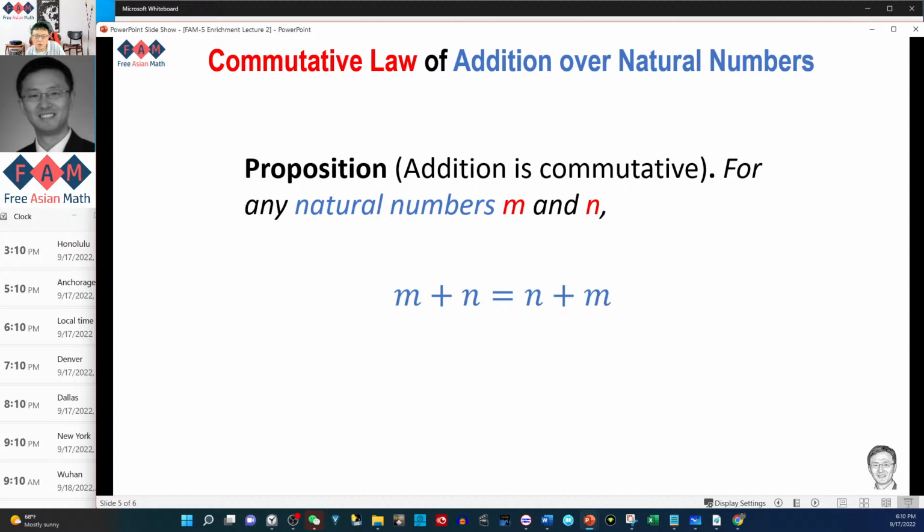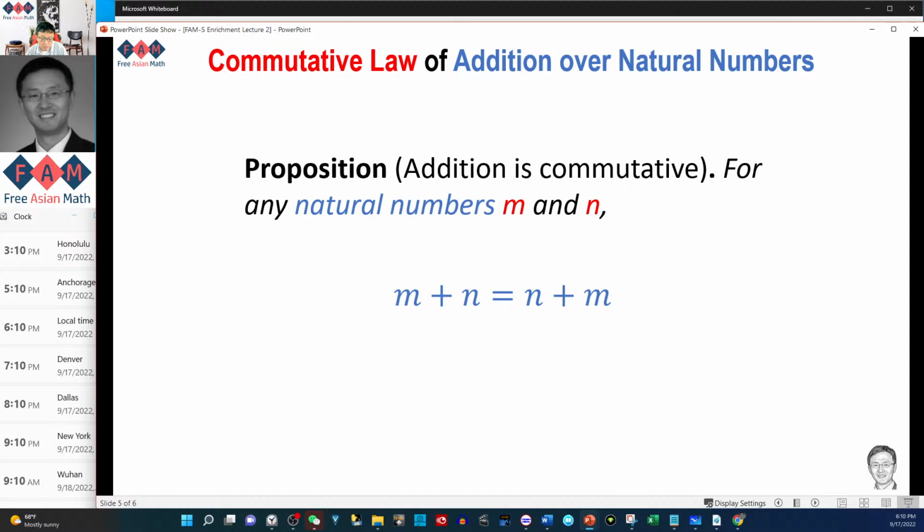Therefore, if we go back to regular lectures for free Asian math, you will see next week this commutative law is assumed to be true. In other words, it's assumed to be an axiom, not a proven theorem. What we just did, we proved this proposition as a theorem, which is a big difference.